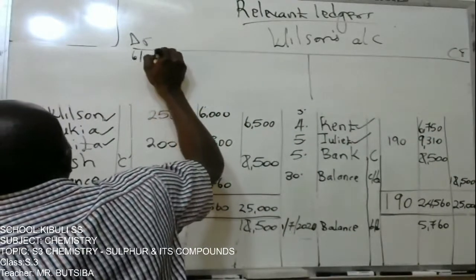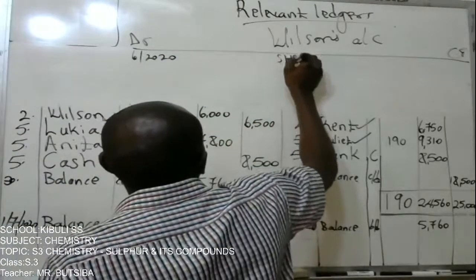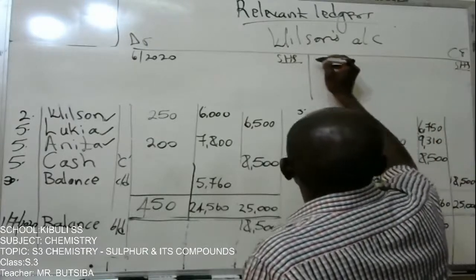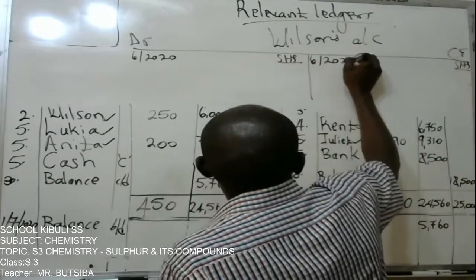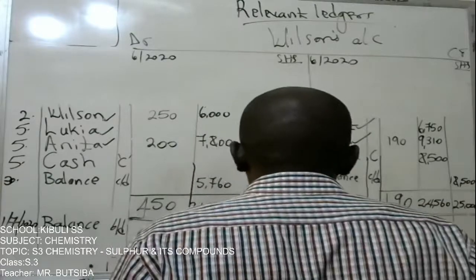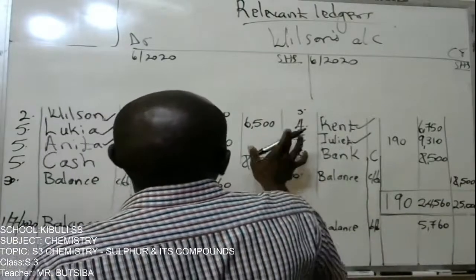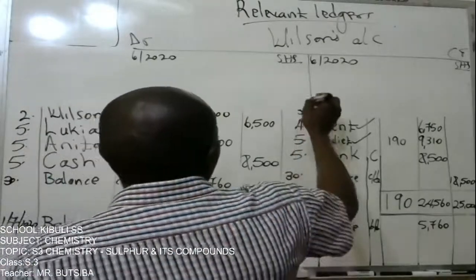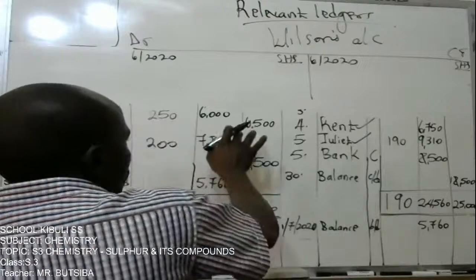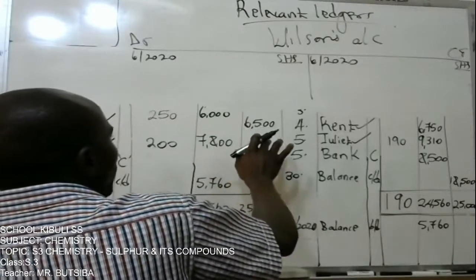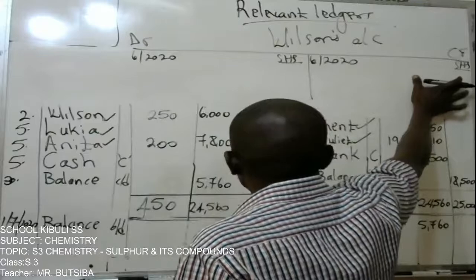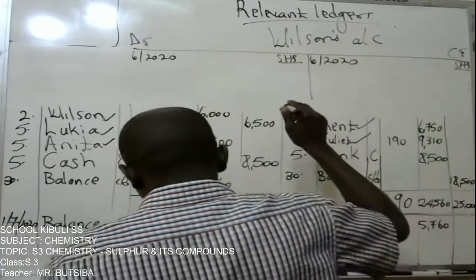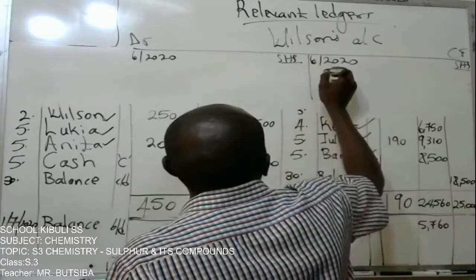So you have June 2020, and then the units. Because Wilson paid you money, that means Wilson lost. So when you go to Wilson's account, you are going to record on the crediting side of Wilson's account. So you capture the date, which is second.